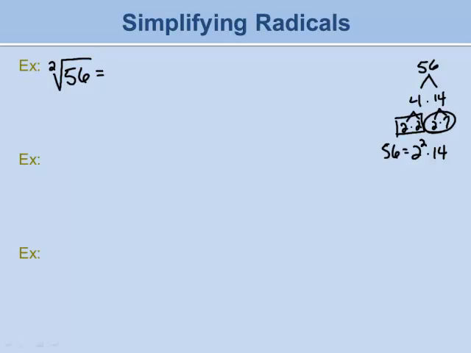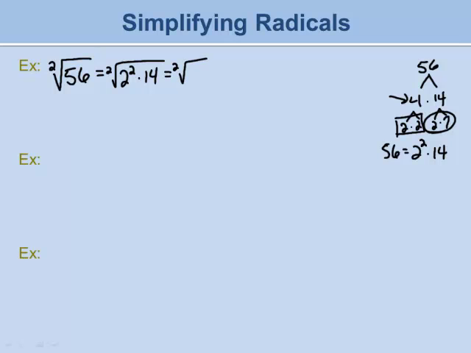So the square root of 56 is equivalent to the square root of 2 squared times 14. Or you could just recognize that 4 up in this step is a perfect square and leave it as 4 if you want. Okay? So 56 is 2 squared times 14 or 4 times 14.